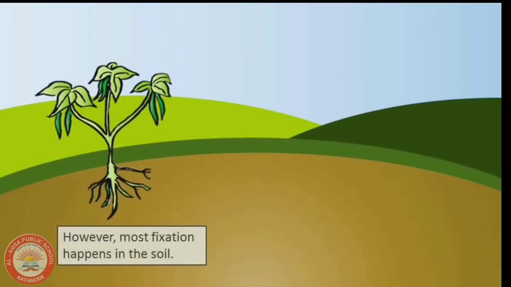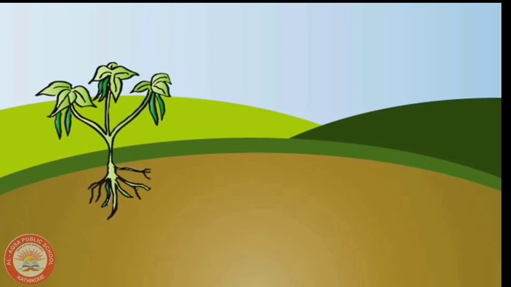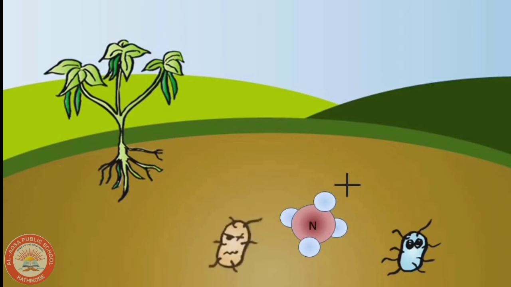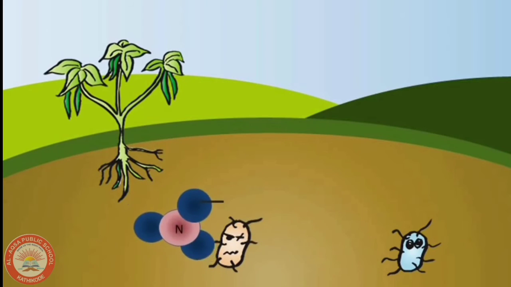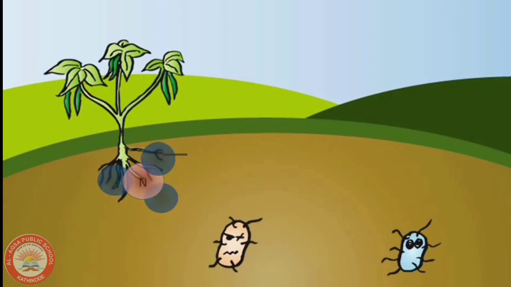The next is nitrogen fixation by bacteria in the soil. As we already said, some bacteria are able to break the nitrogen bond and convert atmospheric nitrogen into nitrogen compounds. These nitrogen compounds can be used by the plants.